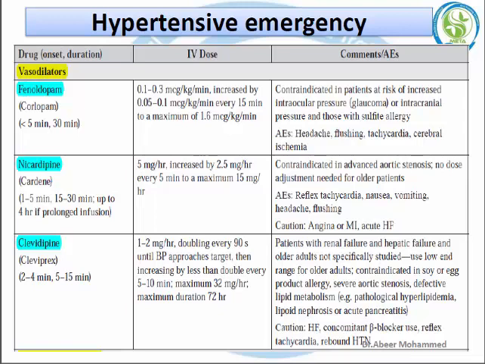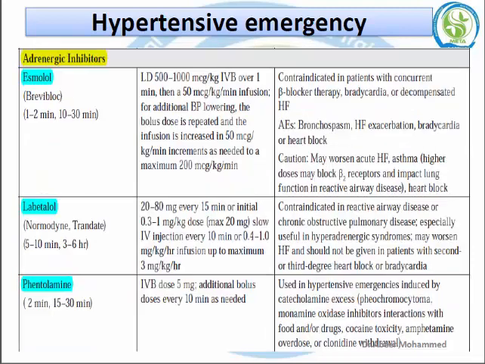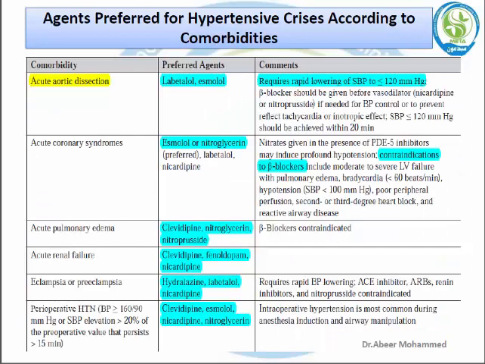All of these may be used IV to decrease the blood pressure. But IV beta blockers like labetalol and esmolol can be used also. But we do prefer some agents over others according to the comorbidity of the patient.